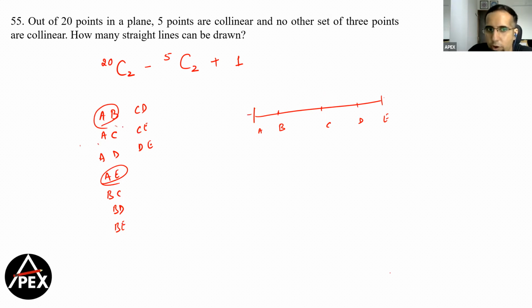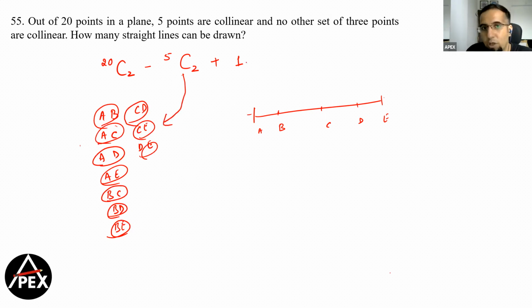In AE, AC is also included. In AE, AD is also included. In AE, BC is included, BD is included. So everything is included in a straight line. So when you're subtracting 5C2, you're taking out all the 10 cases. Now what are you adding? This one line that you're adding is A to E, the master line. This is why it's plus 1.